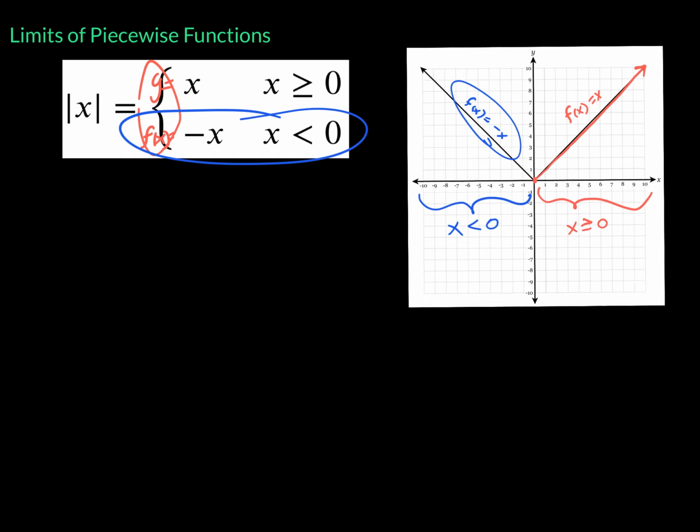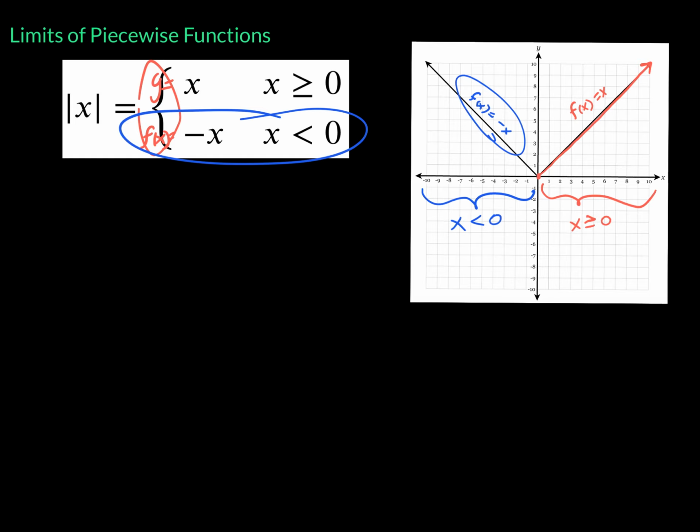So, like I just mentioned, with a piecewise function, we are interested in that breakpoint, in this case where the vertex is, at 0. So the question is, does the limit of our function, the absolute value of x, as x is approaching 0, exist?